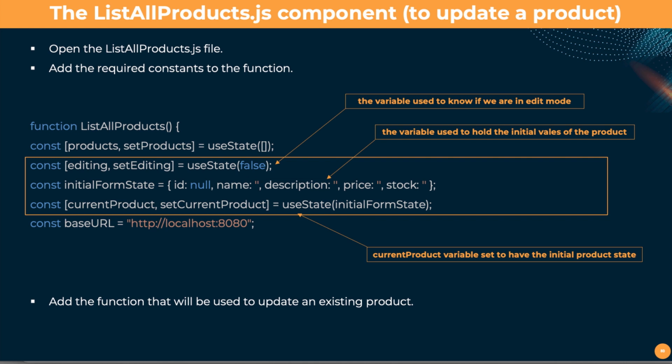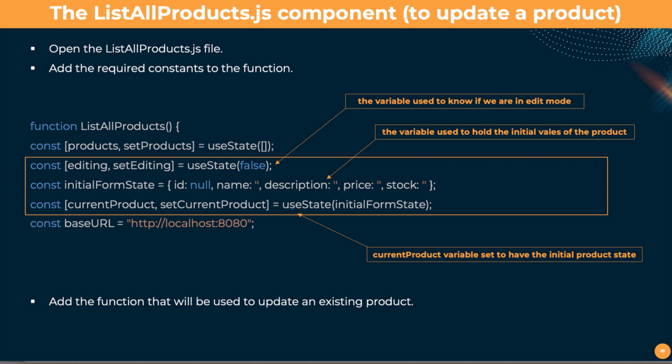We're then going to set up an initial form state similar to what we had in the previous example. So we'll have null for the ID, and the name, description, price and stock will be blank. We will also have a current product variable, and to change that we will use the set current product. So that's a function that will change the current product, and initially we'll set its state to be the initial form state.